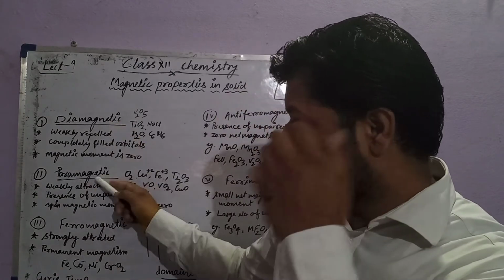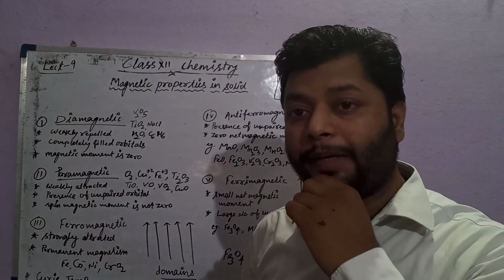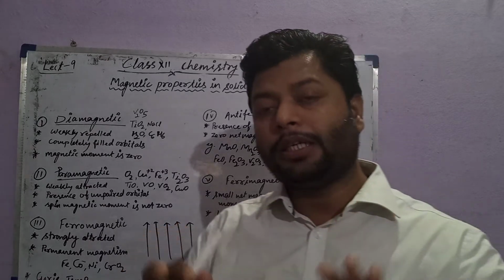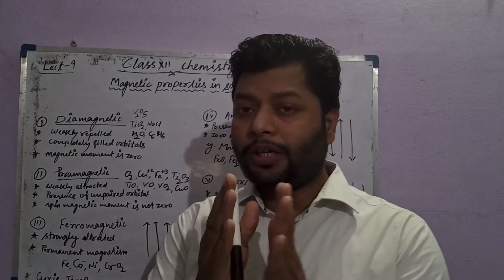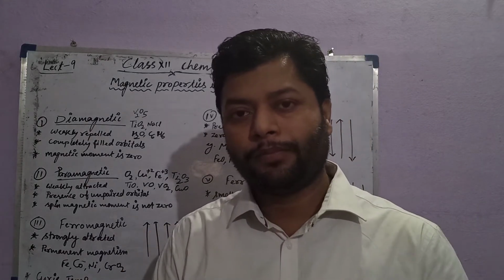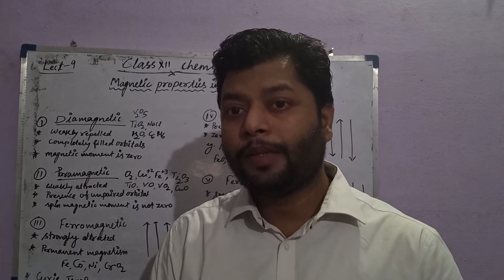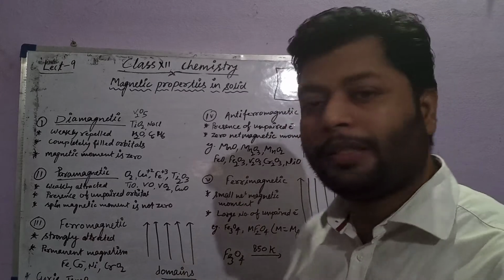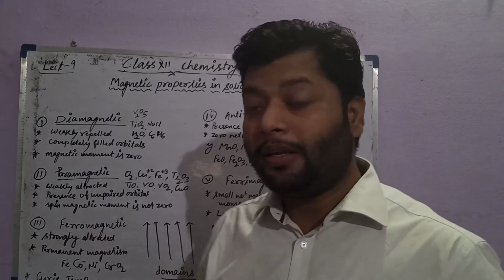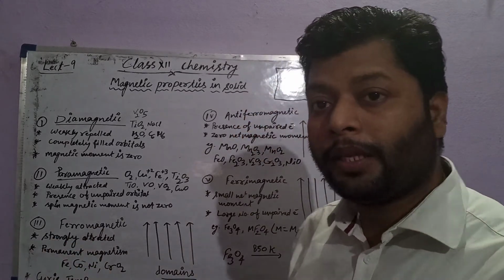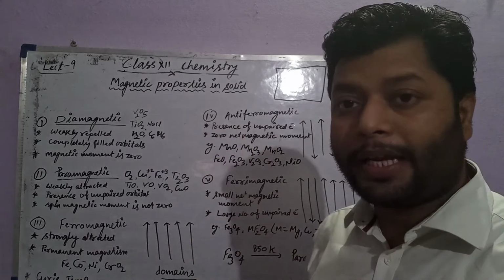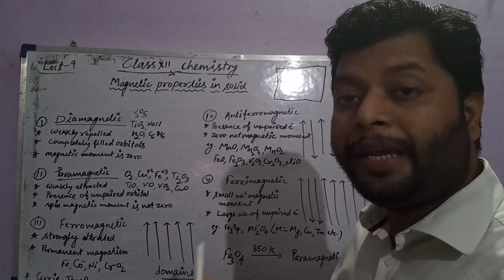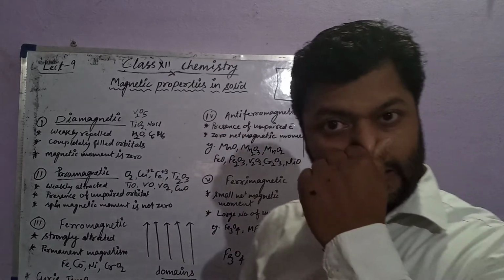So these two magnetic properties are based on whether electrons are paired or unpaired. But at the same time, we are dealing with other magnetic behaviors of substances called ferromagnetism, antiferromagnetism, and ferrimagnetism.